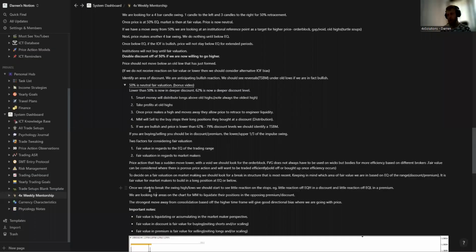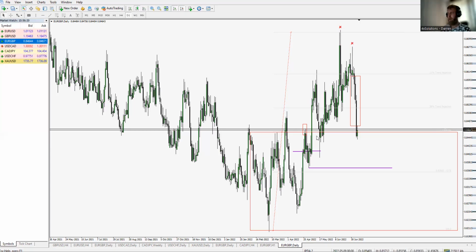Okay, once we start to break down the swing highs and lows, we should start to see little reaction off the stops, little reaction off equal highs in a discount, and little reaction off equal lows in a premium. So, for example, when we're in a discount, and more specifically over here, we use the same swing low and swing high, that one over there.